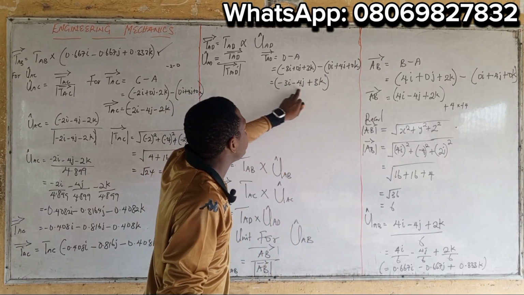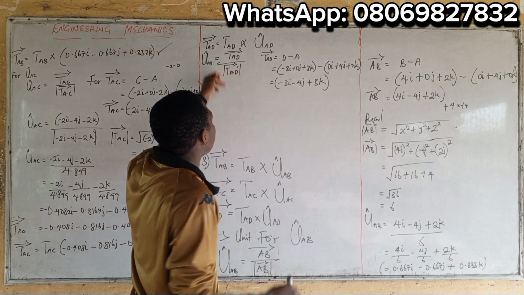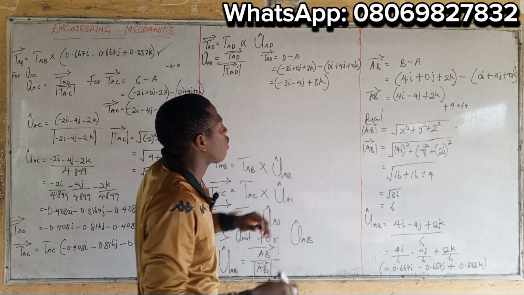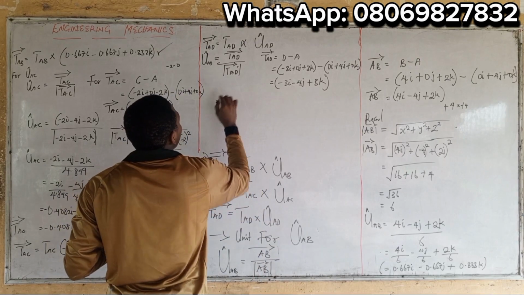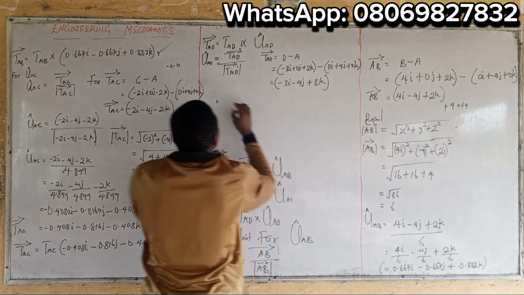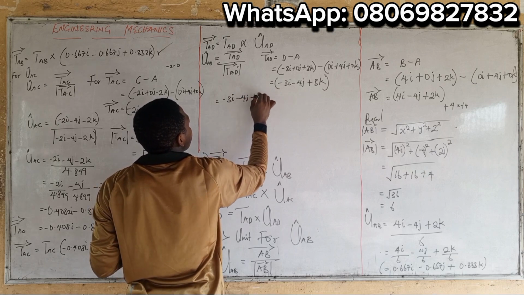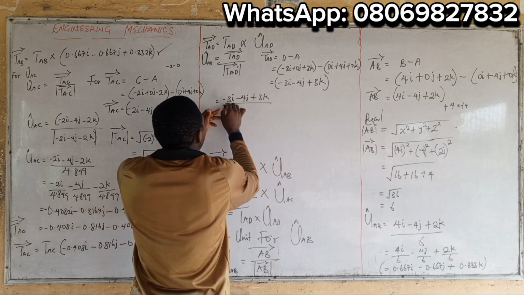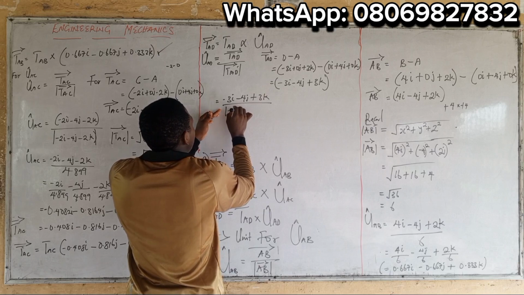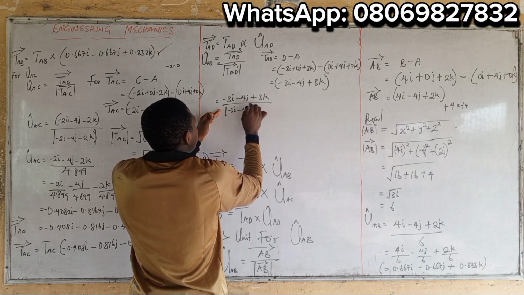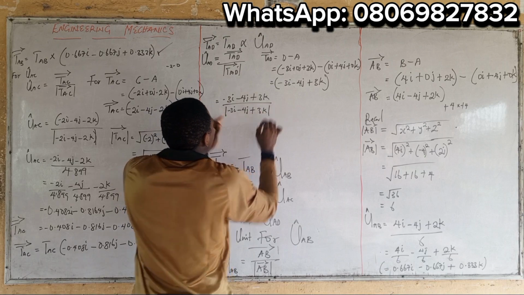So take this to this equation here, then get the magnitude for this vector. So we have minus 3i minus 4j plus 3k divided by the magnitude of minus 3i minus 4j plus 3k.